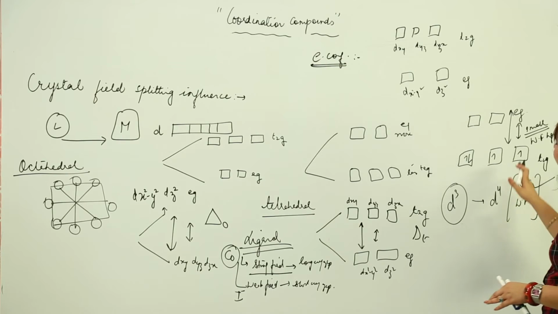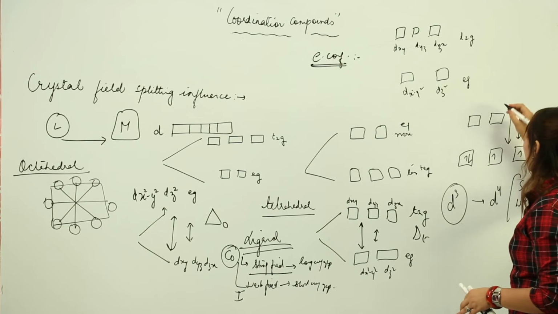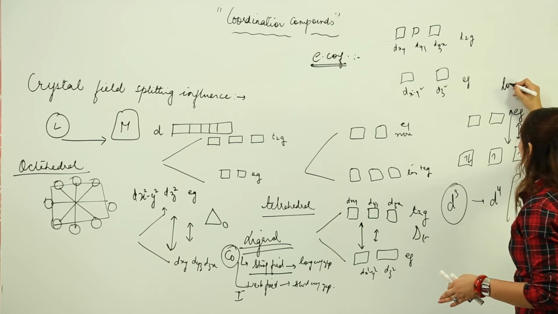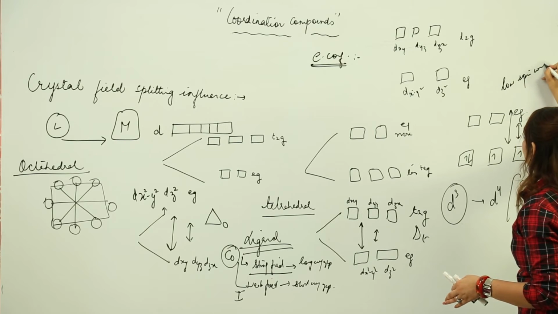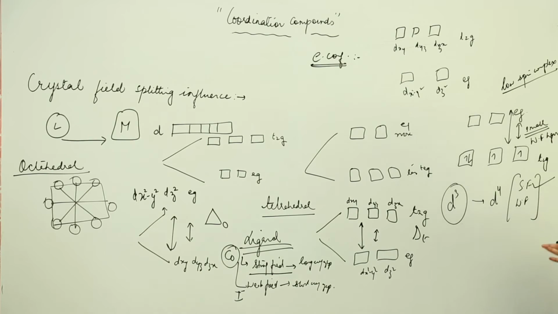And you know that if the pairing occurs, it will possess less number of unpaired electrons and it is called a low spin complex, right. So keep in mind, whenever there is a strong field ligand, it is going to cause pairing, and due to pairing there will be less number of unpaired electrons, that is why it is going to be a low spin complex.